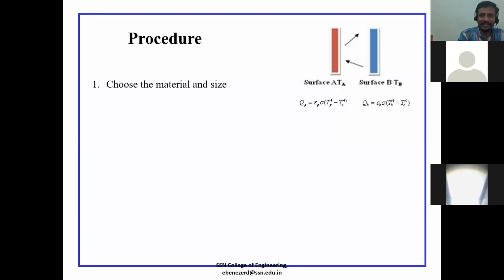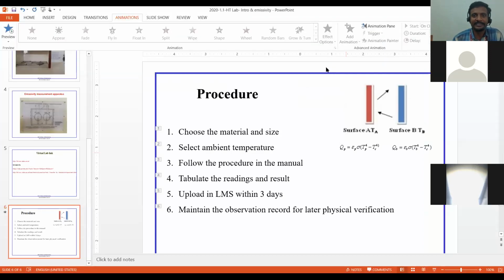Okay, so now let me just go to the simulator. It may look a little different because you are learning the theory as well as the experiment now. You may have certain doubts here and there, but by the time we finish this demonstration, you will know clearly. Don't worry.